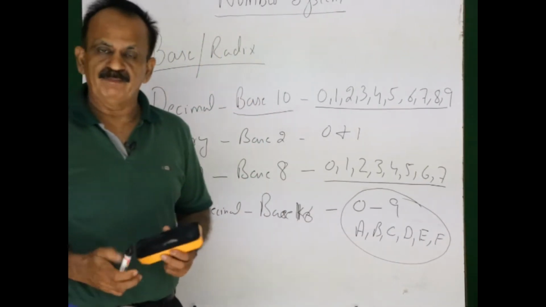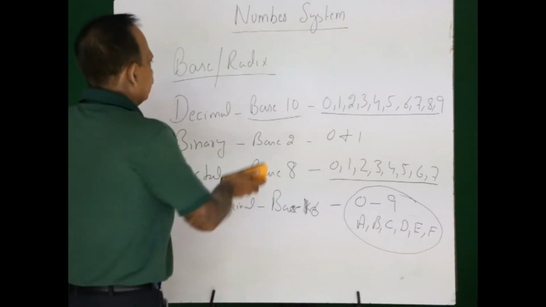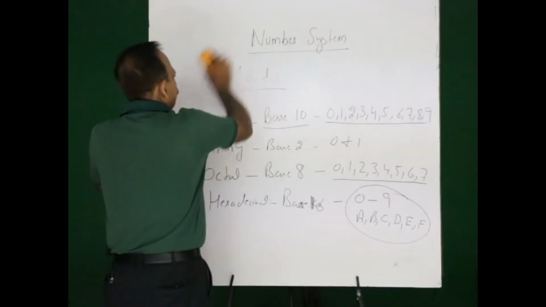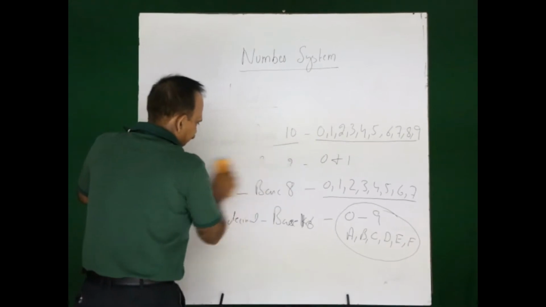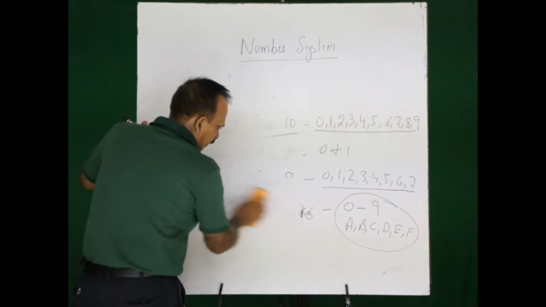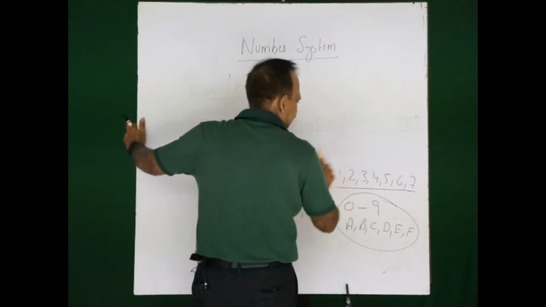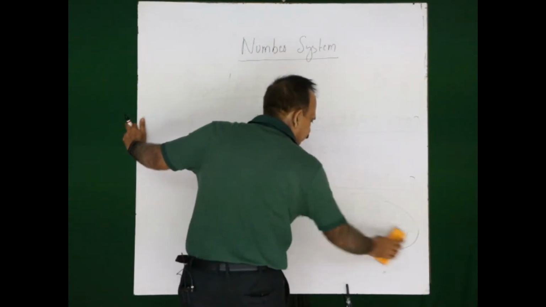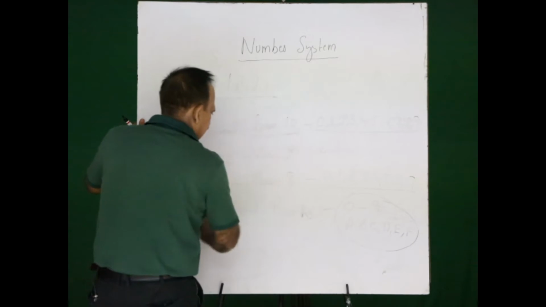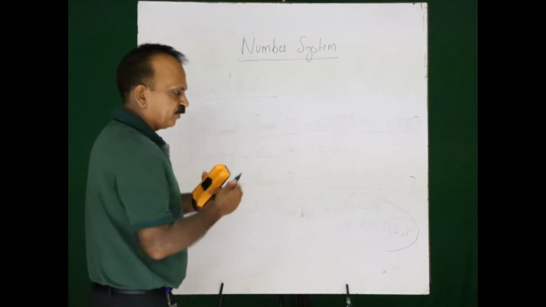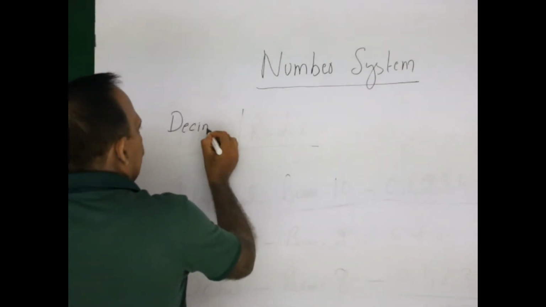Now, by this time we are familiar with the terms number system and base of the number system. We will try to find out how counting is performed by using these digits, how these digits are combined together to make other numbers. For example, the decimal number system. Now, what is basically the sequence of counting?